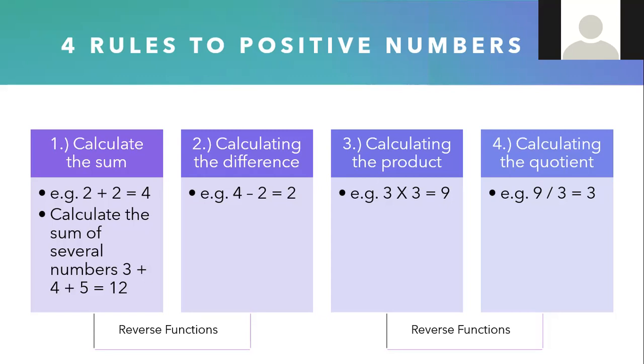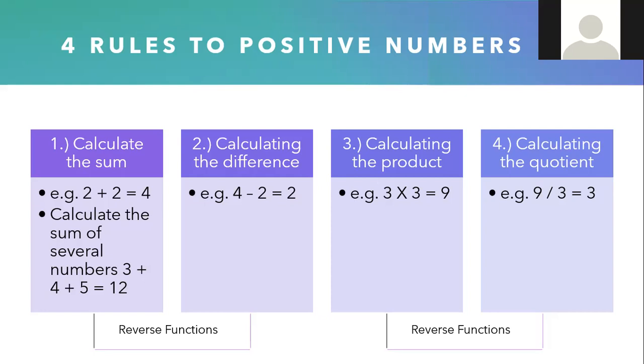We can also calculate the difference between positive numbers. For example, 4 take away 2 gives us 2. So rather than saying subtraction and addition, we're calculating the sum and calculating the difference, and as you know, these are reverse functions of each other.